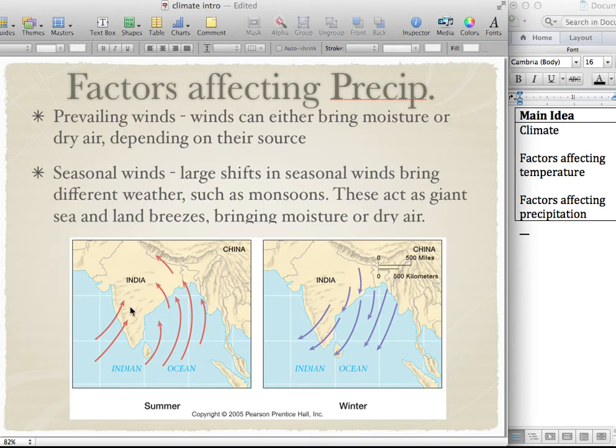So in the summer, the land gets really hot, right, and creates a giant sea breeze coming in off the water that affects most of the continent. When that water comes in, it brings moisture, and you get lots of rain. In the winter, the land cools off, the ocean is warmer, and you've got wind coming back out. Huge shifts in the monsoon winds bring either moisture or dry air, depending on the season.